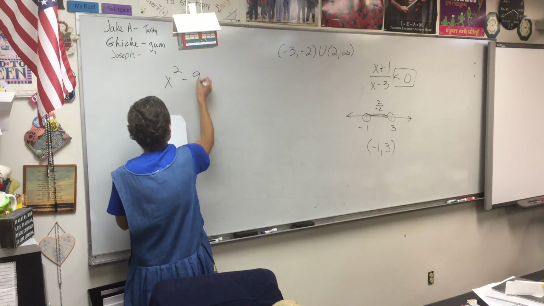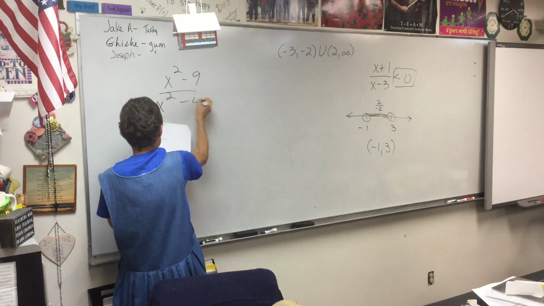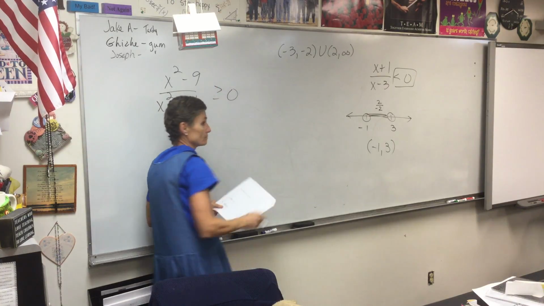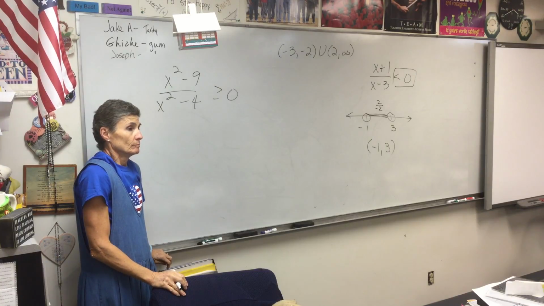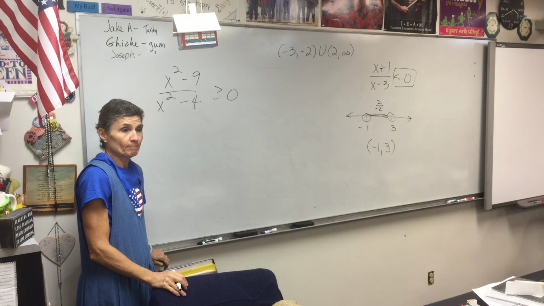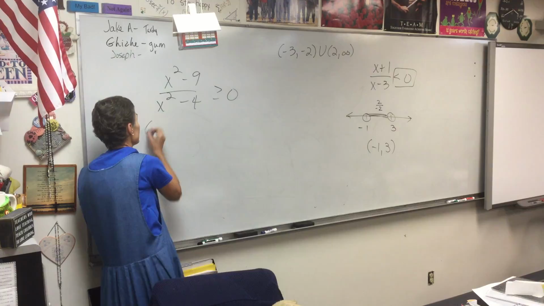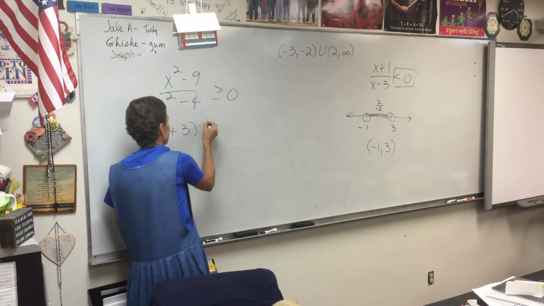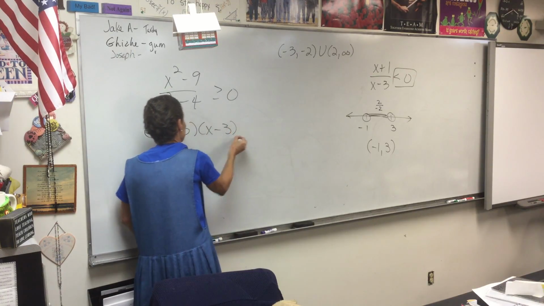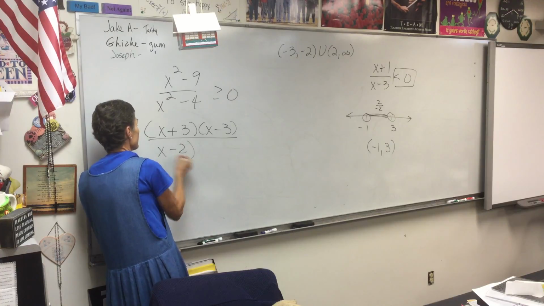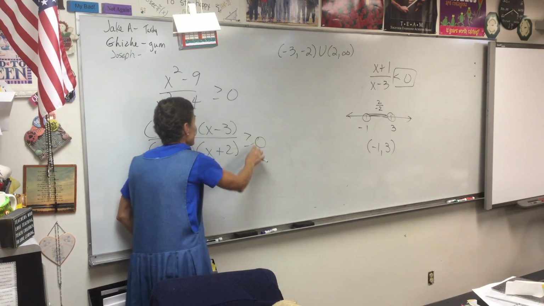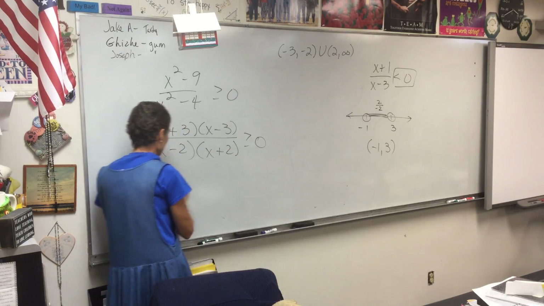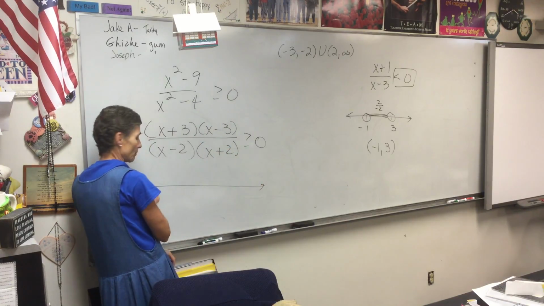x squared minus 9, x squared minus 4. Hey, what do you think we'll do here? Factor everything, so this is an easy factoring. Nothing cancels. And since it's an inequality, I'm going to have a number line.